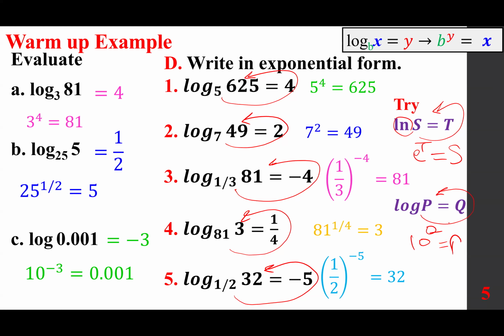So 10 to the power of q must be p. So it's very straightforward. Again, the purpose of this warm-up example was to remind you of everything we've learned in algebra. Make sure you're comfortable with that so we can move on easily, okay?